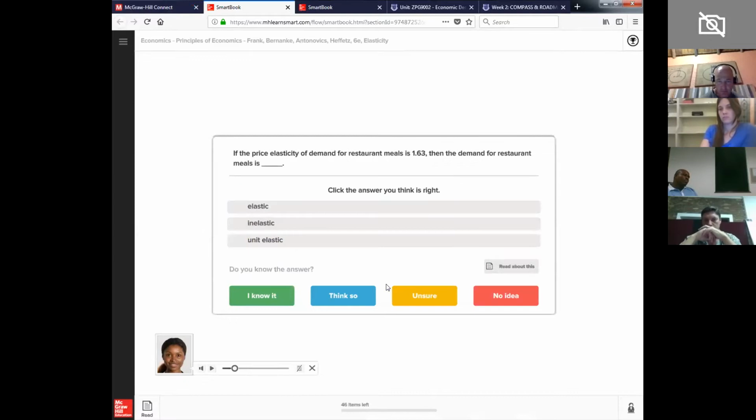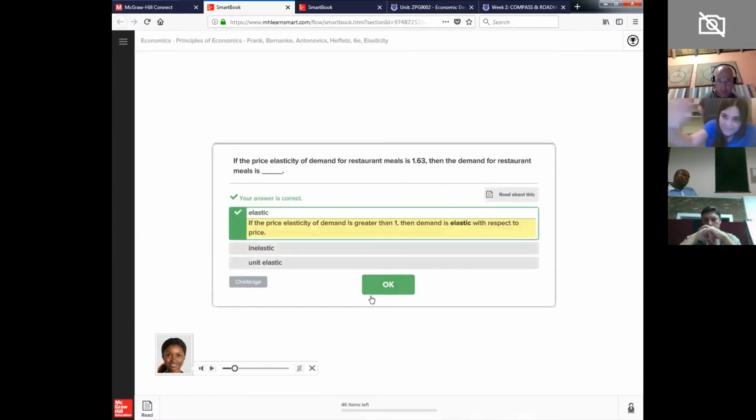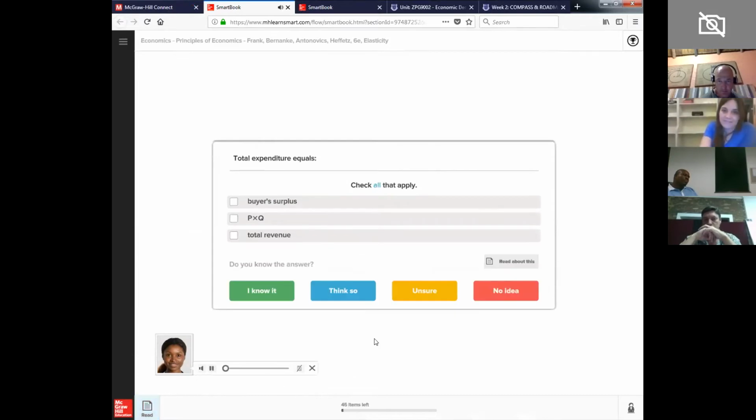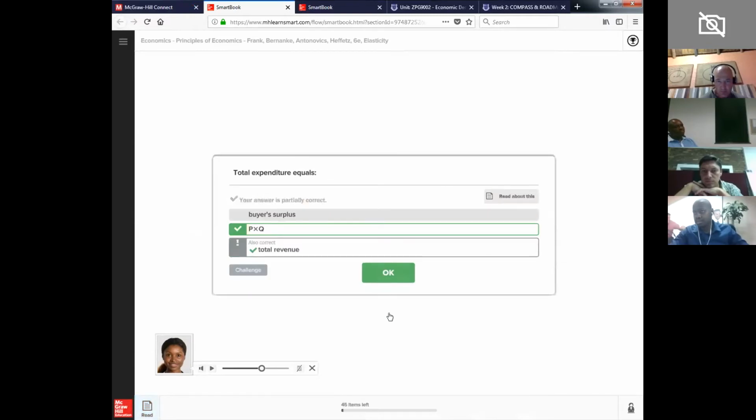Then you try again, and that's the correct one. Total expenditure equals, we all know, price times the quantity that you spend on. Right, so that's correct.